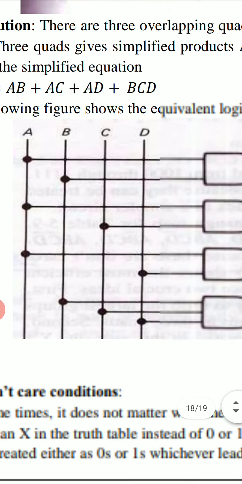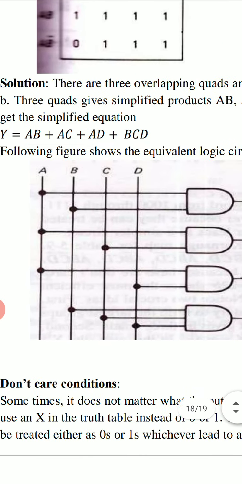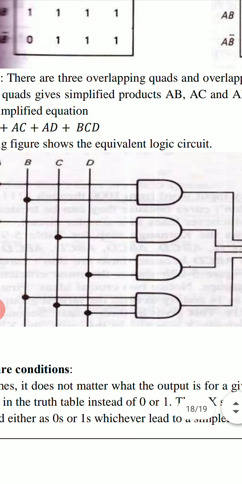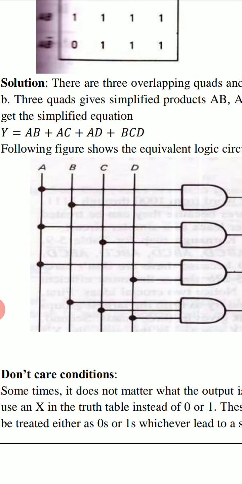And this is the logic circuit for this output y. We have four inputs A, B, C, D. There is no complemented form of these A, B, C, D, so we draw only four lines of A, B, C and D. Otherwise we must draw lines for their complemented form A bar, B bar, C bar and D bar. We will use four AND gates because there are four terms.